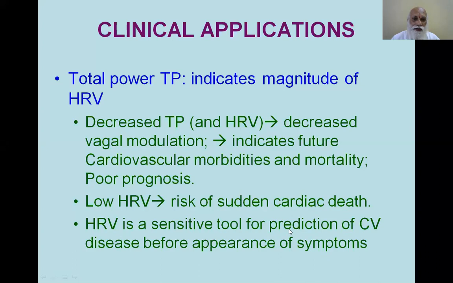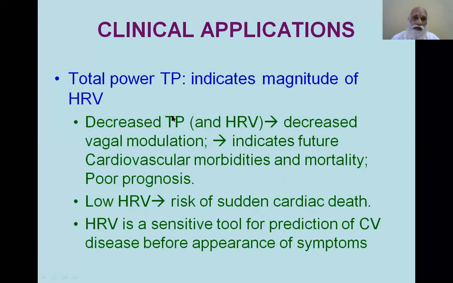Now, I'll give you one simple example. HRV will be of much less strength in my case. So naturally, my cardiovascular health will be poor compared to a young person where the TP or the HRV is big.